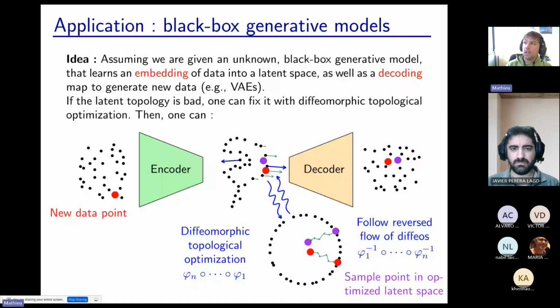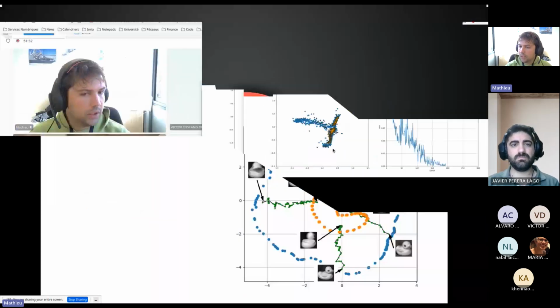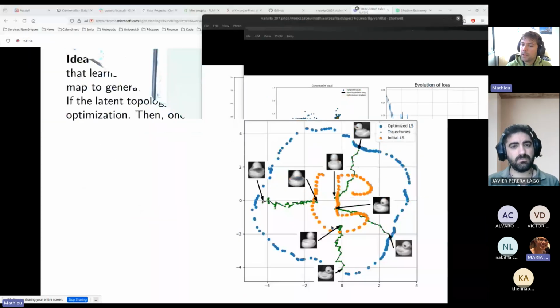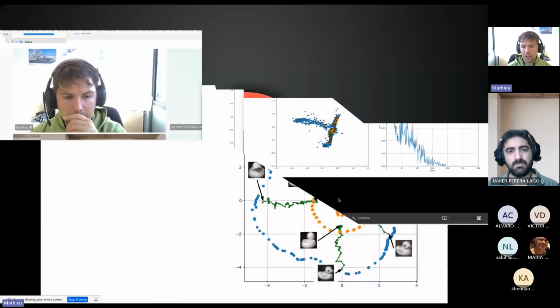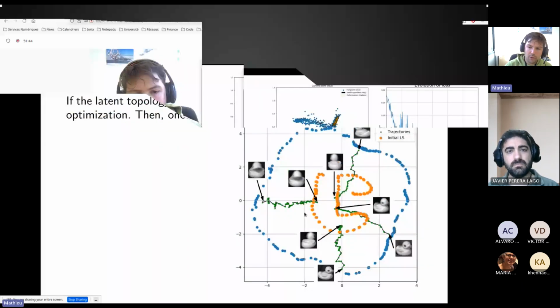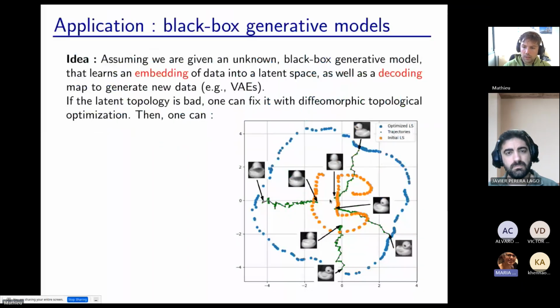I see. So right now we did things a bit qualitatively. Basically, we were expecting to have a circle based on the data. So by eye, we checked that it looked like a closed curve, but it wasn't circular. Something that we measured also with the persistence itself of the orange point cloud. Because if you compute the Rips of this, you will see that you have two loops, one here and one here.